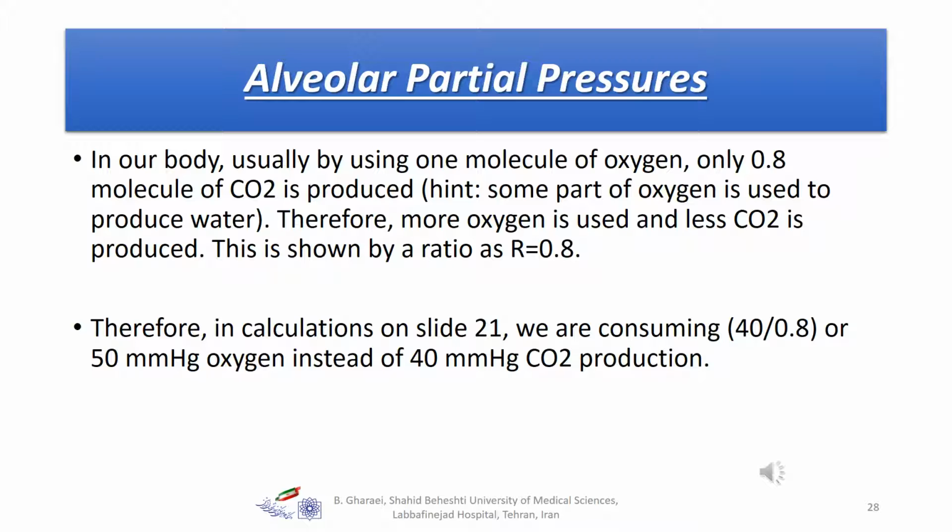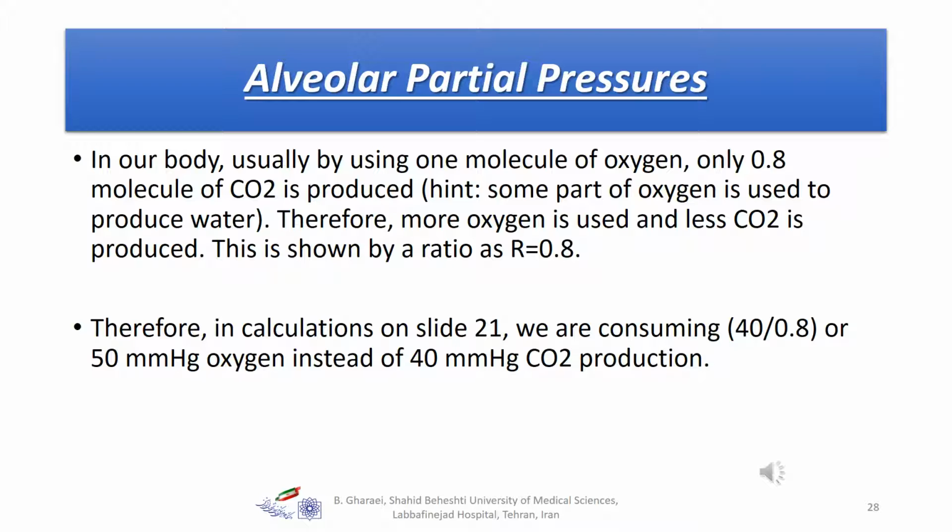In our body, usually by using one molecule of oxygen, only 0.8 molecule of carbon dioxide is produced, and some part of oxygen is used to produce water. Therefore, more oxygen is used and less carbon dioxide is produced. This is shown by a ratio called R, which is usually 0.8.